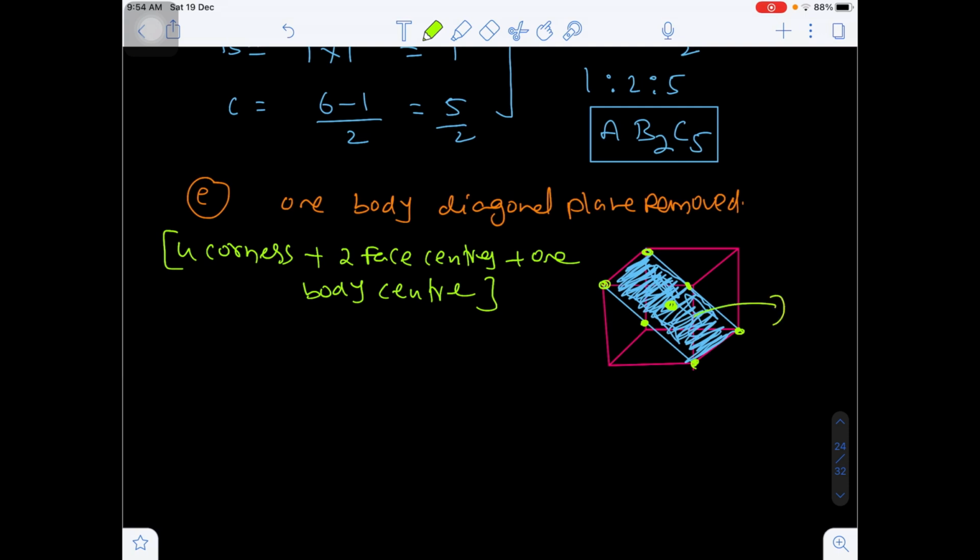First of all, we have to know what the body diagonal plane is. In the body diagonal plane, 4 corners, 2 face centers, and one body center are located. Here 2 edge centers are also located, but there is no particle at the edge center in the given question.